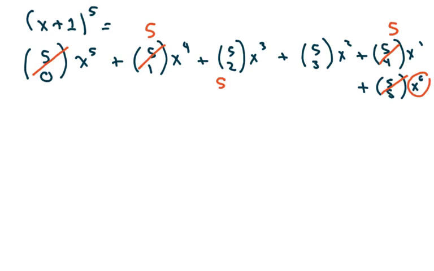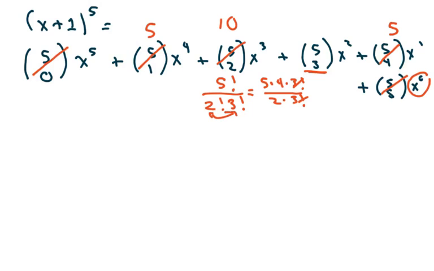This is 5 factorial over 2 factorial times 3 factorial, which is actually 5 times 4 times 3 factorial over 2 times 3 factorial, and 2 factorial is just 2. So this is going to be 10. This one's also going to be 10 because all you do is switch these two. And so you have 10 here.